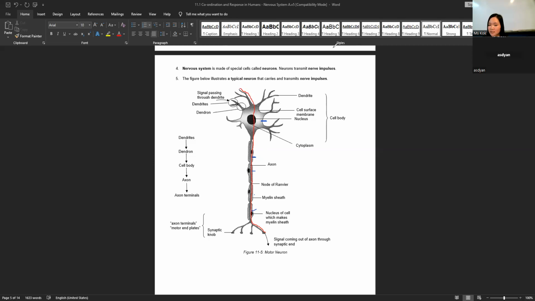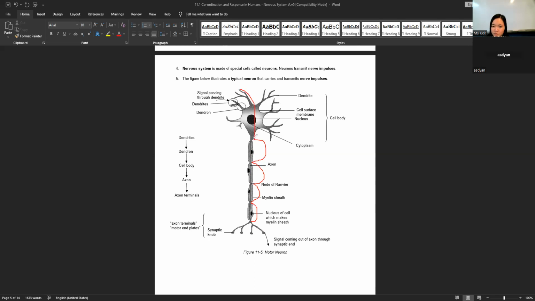If you have Schwann cells, the nerve impulse will move like this. When it comes here, the myelin sheath will prevent the nerve impulse from moving. So the nerve impulse will jump from one node of Ranvier to another node of Ranvier. Due to the jumping, it will speed up the transmission of the nerve impulse.